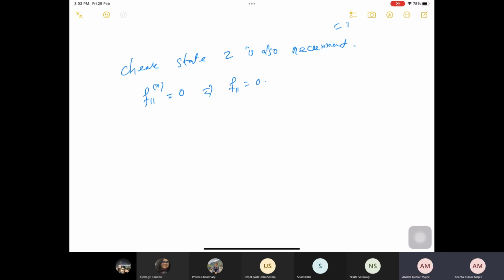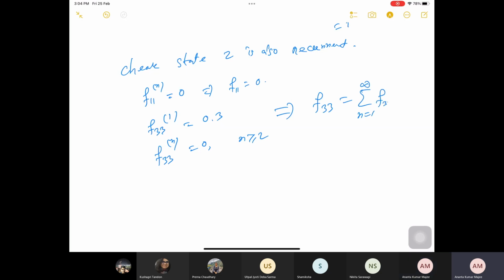Similarly, you can find f of 3 3 of 1, which is 0.3, and f of 3 3 of n, which is 0 for n greater or equal to 2. Hence f of 3 3, the summation over n equal to 1 to infinity of f of 3 3 of n, is less than 1. Hence state 3 is transient. So states 1 and 3 are transient states.